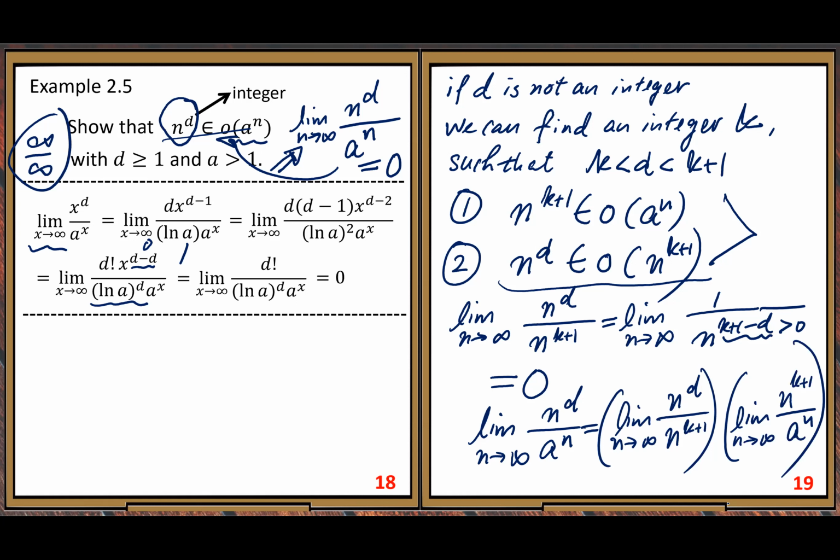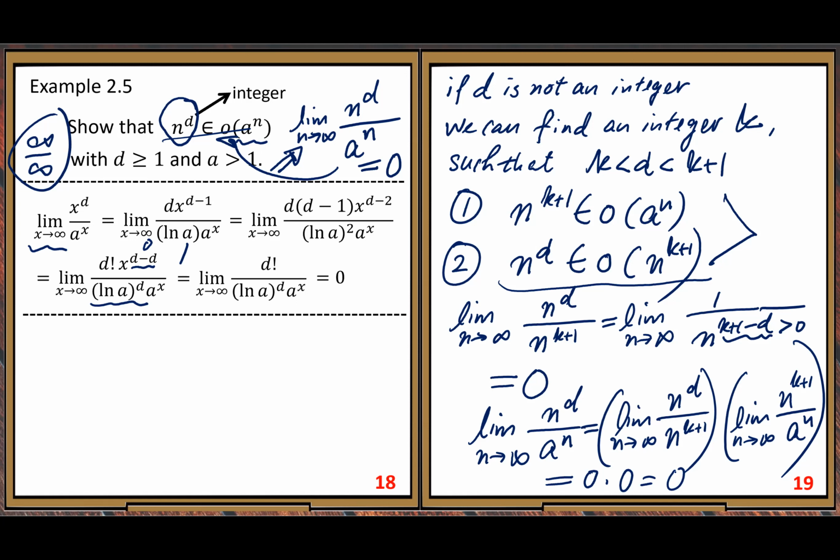The product of these two limits. And we know both limits are 0. 0 times 0 equals 0, right? So by calculating this limit, we prove it.